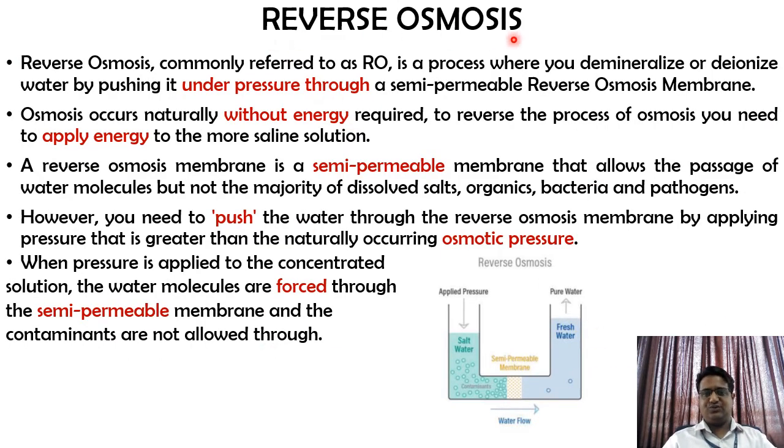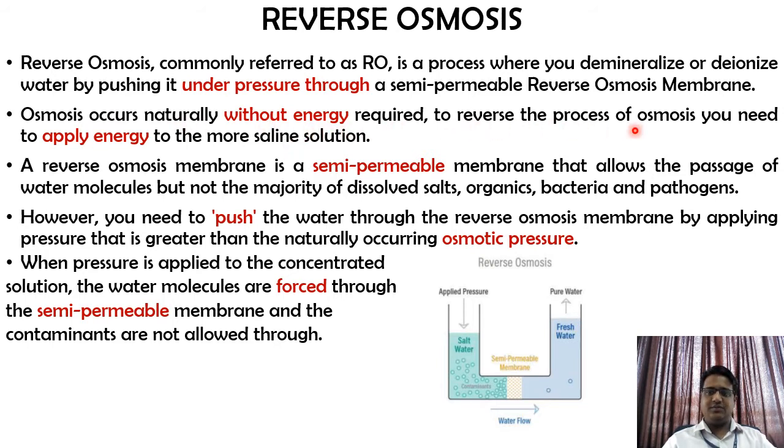Now, reverse osmosis, commonly referred to as RO. It is a process where you demineralize or deionize water by pushing it under pressure through a semi-permeable reverse osmosis membrane. Osmosis occurs naturally without energy.